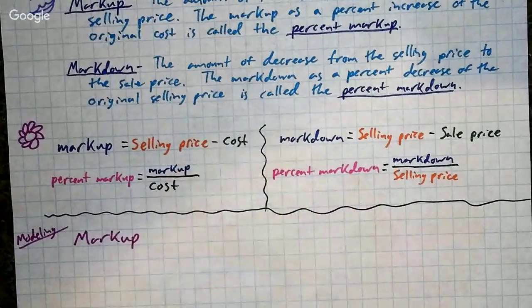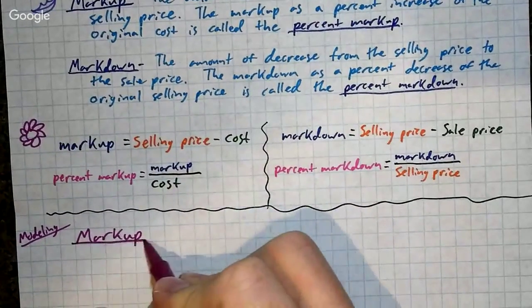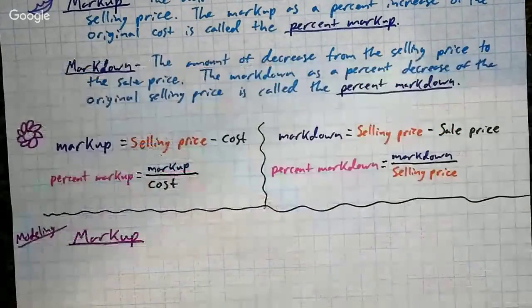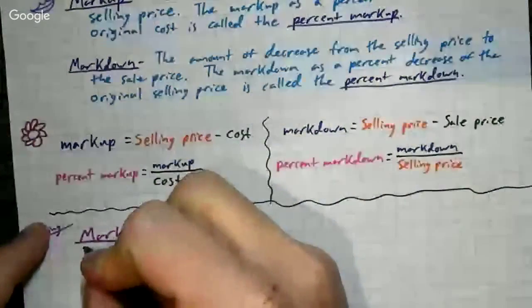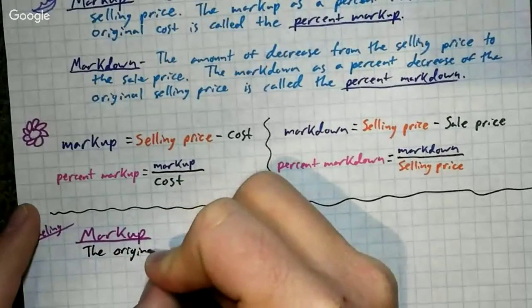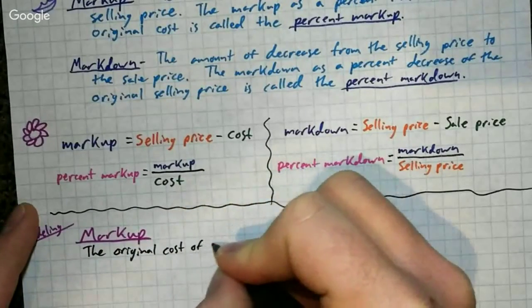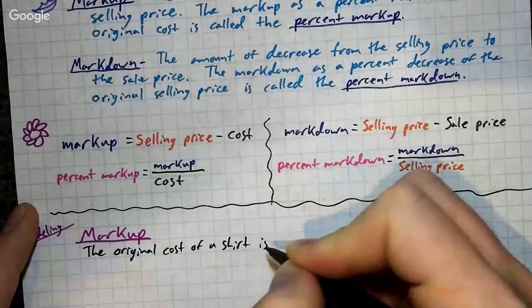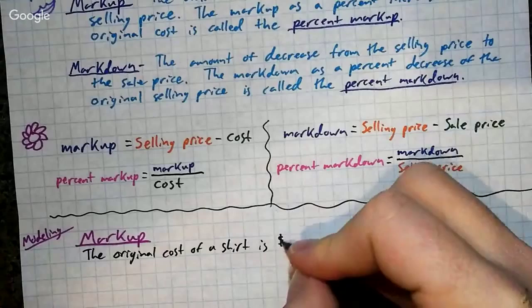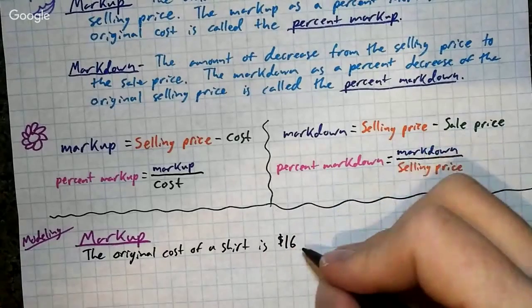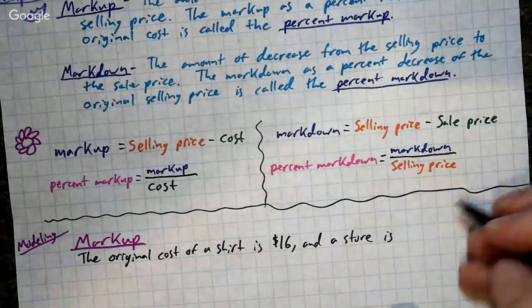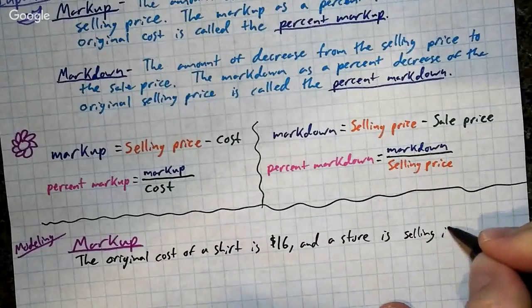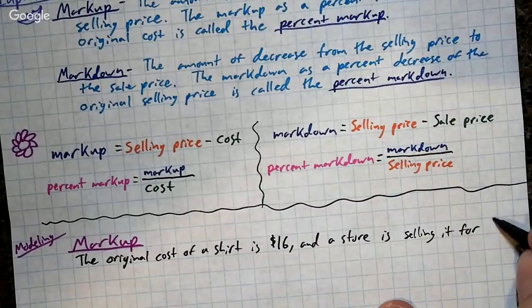I'm going to give a simple situation, and then we're going to solve it in 2 steps to find all the different pieces. So let's say the problem for this markup is that the original cost of a shirt is $16, and a store is selling it for $28.